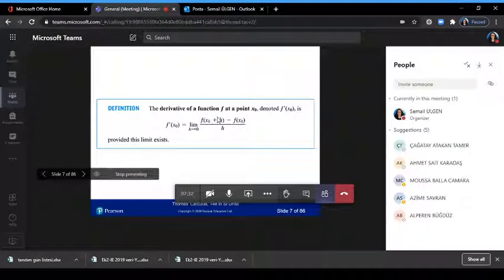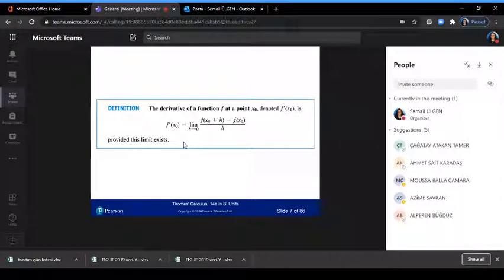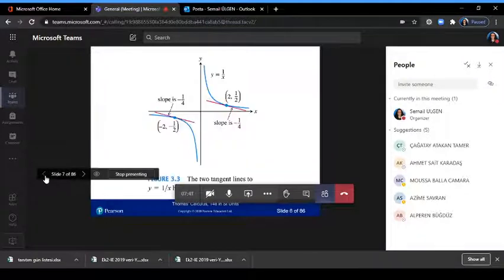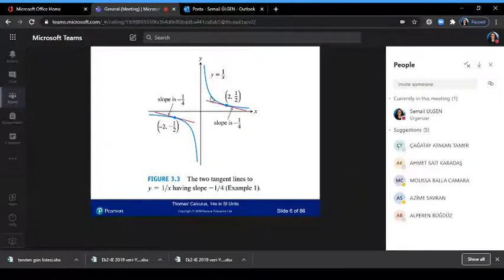And then, this is good because look, if you go back to the previous example, as you change the x value, you get different slopes, right? Because if you take a point here, you get a different tangent line. If you move to this point, you get a different tangent line, and of course a different slope.